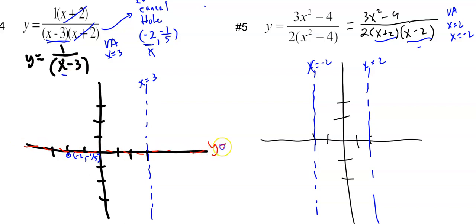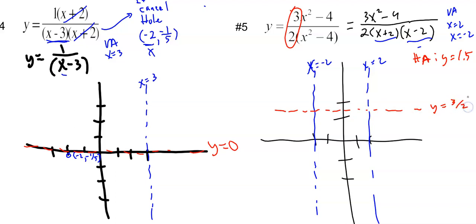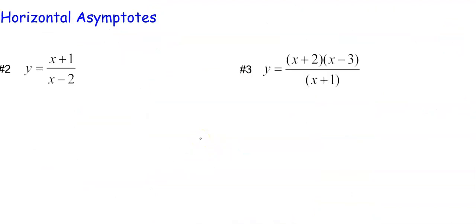And this one is same degree, so I'm going to divide the coefficients. So there's going to be an HA at y equals 3/2, which is 1.5. So right about here, at y equals 3/2 or 1.5 is my HA. Okay, so let's see what the next steps are.